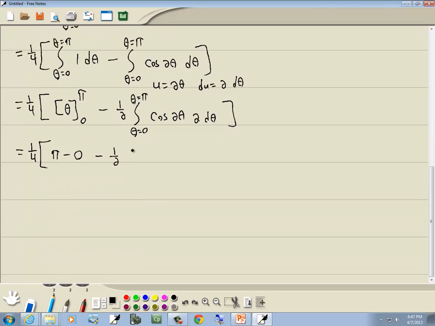and this becomes theta is equal to 0 to theta is equal to pi of cosine u, and then we're replacing the 2 d theta with du. So that gives us 1/4 pi minus 1/2. And the integral of cosine is sine u.